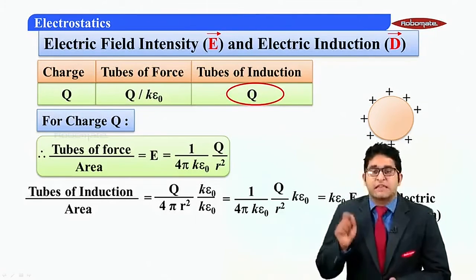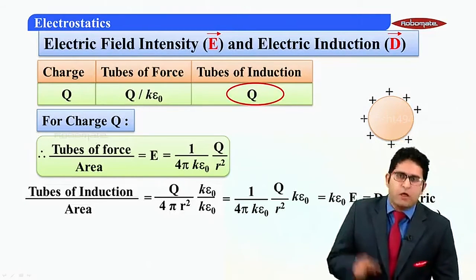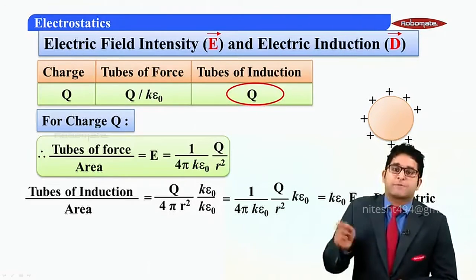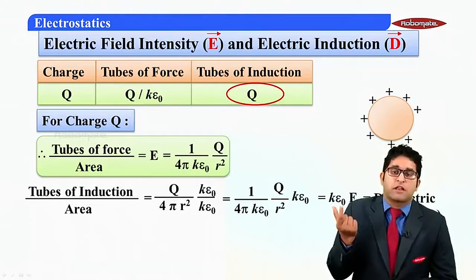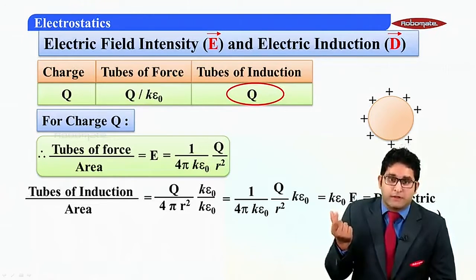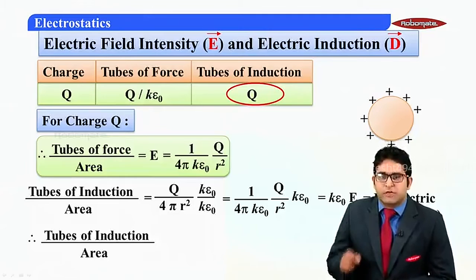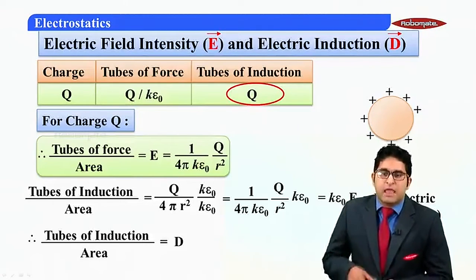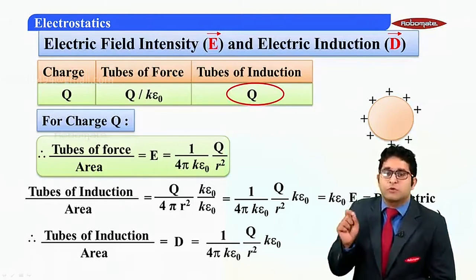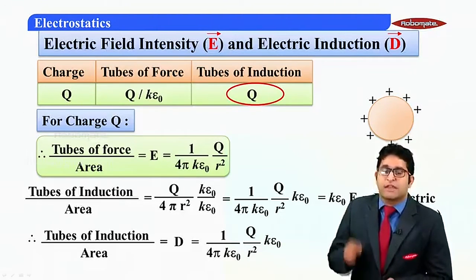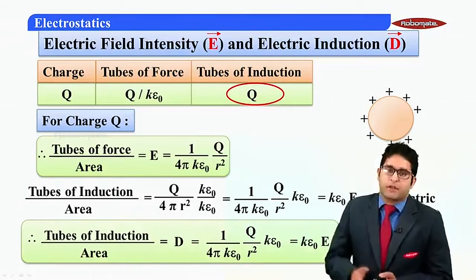Electric induction is k epsilon naught into capital E. Or rather I can say it is epsilon times capital E, because k epsilon naught is equal to epsilon. So I can write tubes of induction per unit area is equal to capital D, which is electric induction, and it is also equal to 1 by 4 pi k epsilon naught into capital Q upon small r square into k epsilon naught, and also equal to k epsilon naught into capital E.